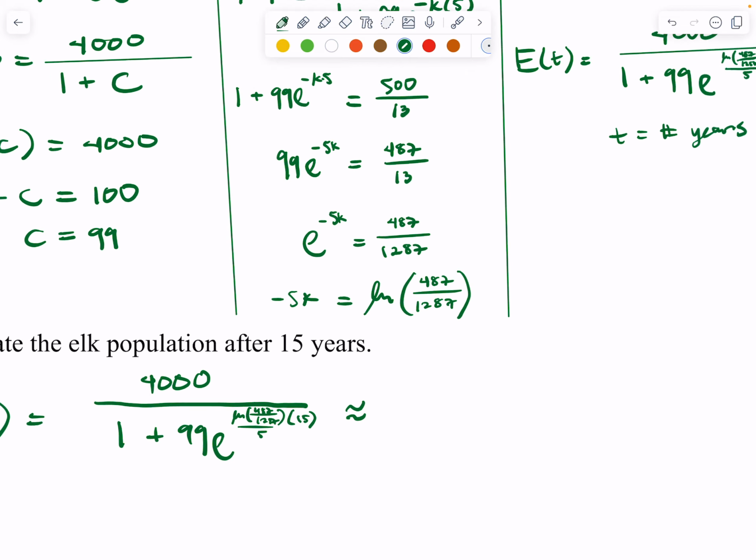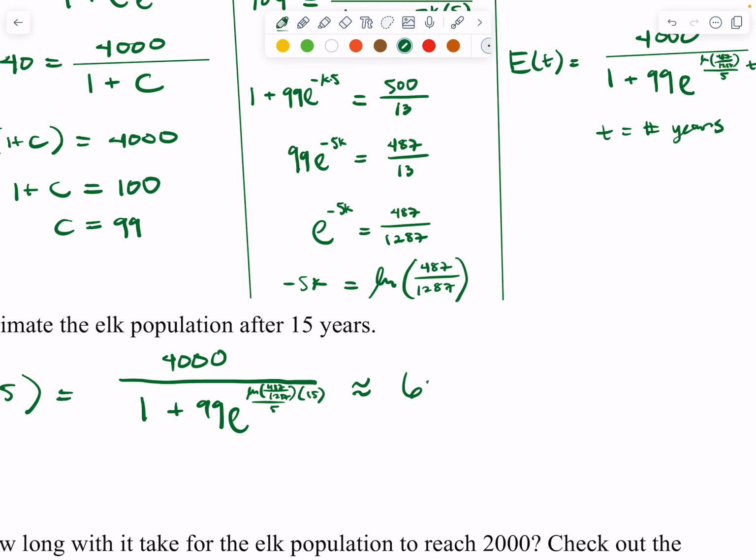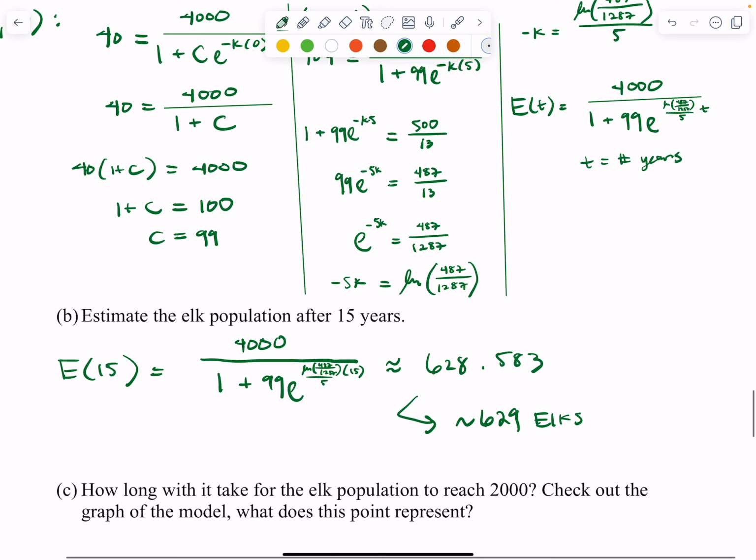And if you put that into your calculator, you get approximately 628.583. You can decide if you want to round up or down, but that would end up being approximately either 628 or 629 elks is what we would predict the population to be in 15 years.